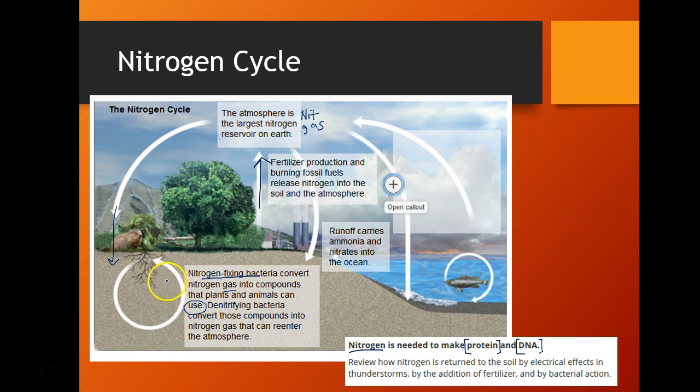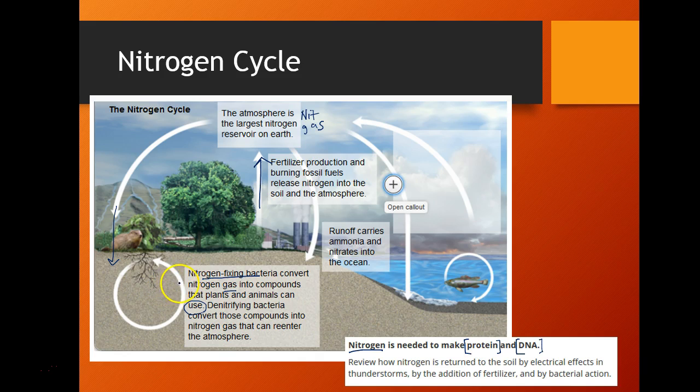And so once we convert that nitrogen gas into a form that we can actually use, that means that the plants will be able to have nitrogen in them. Then animals can eat those plants, so they would get nitrogen, and then animals can eat those animals, and they can get their nitrogen that way. So we see that progressively the nitrogen will move up the food chain.